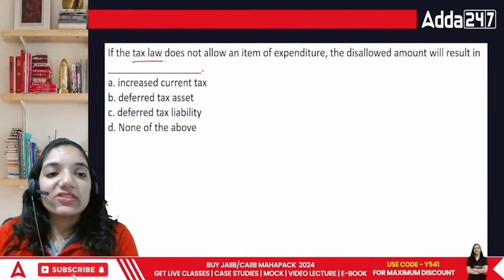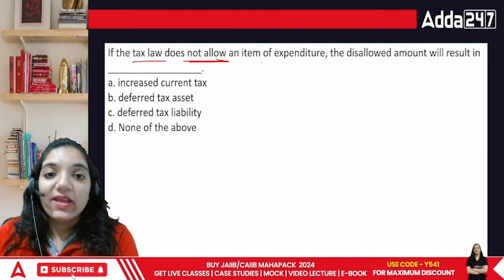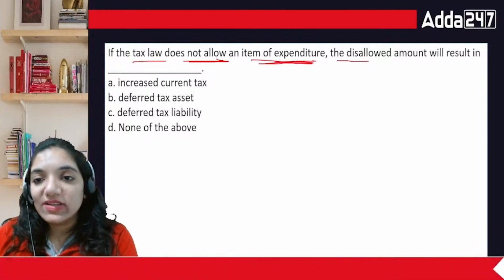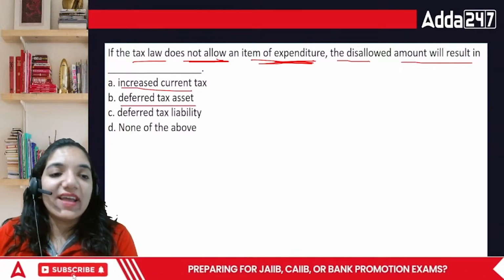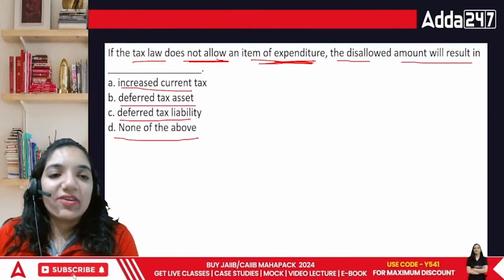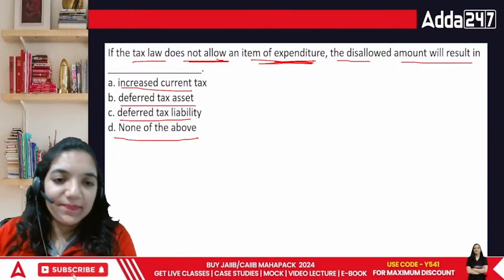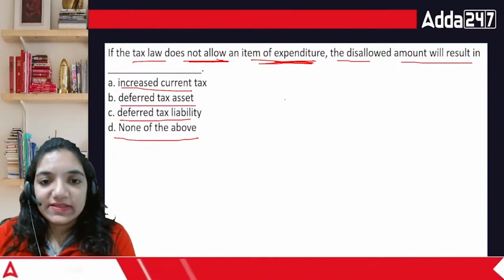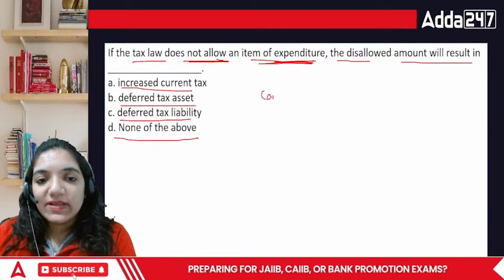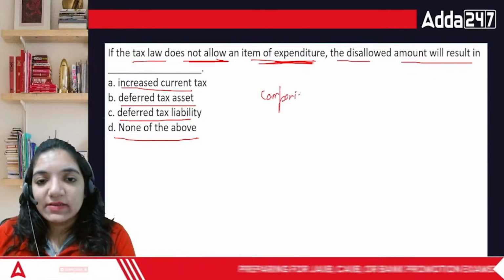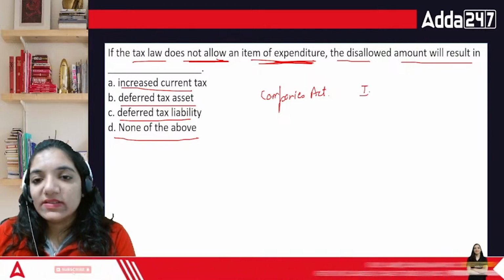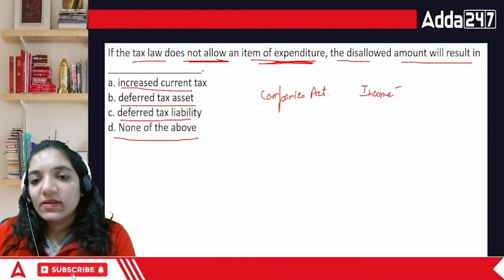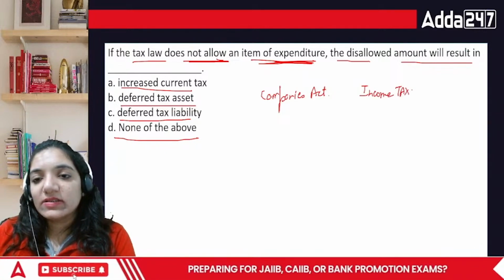If the tax law does not allow an item of expenditure, the disallowed amount will result in increased current tax, deferred tax, asset, liability, or none. Okay, making a chart. This is Companies Act and this is Income Tax Act.